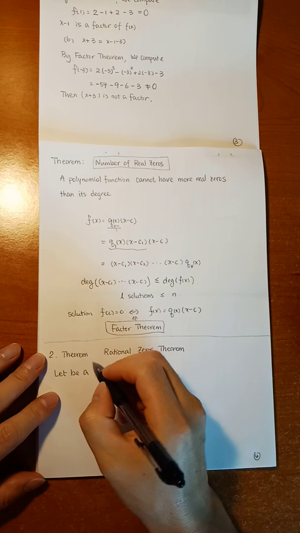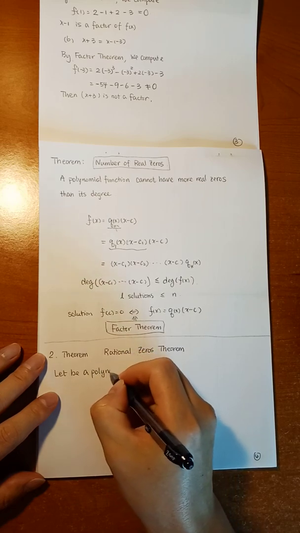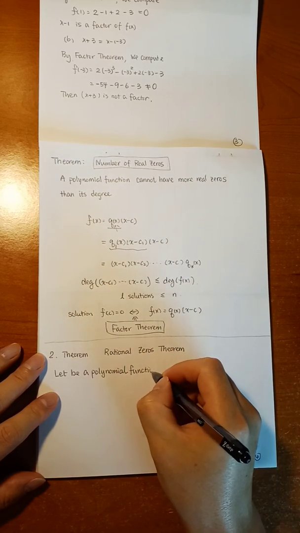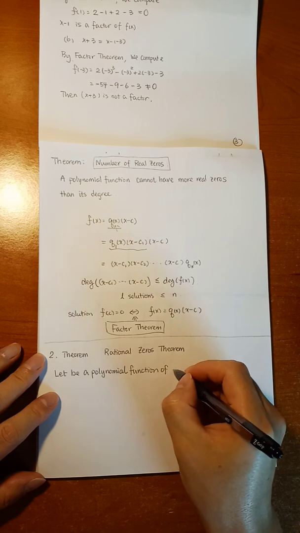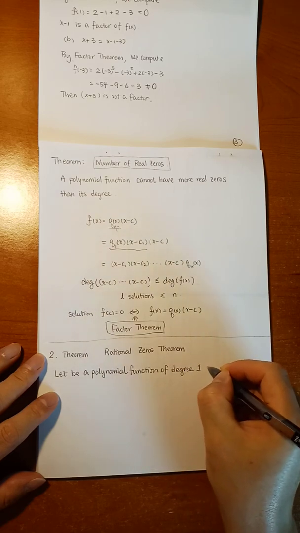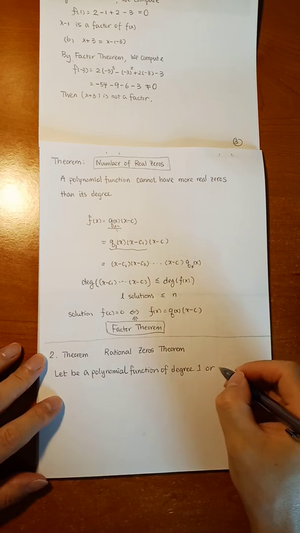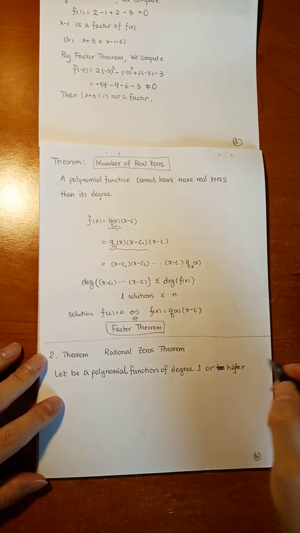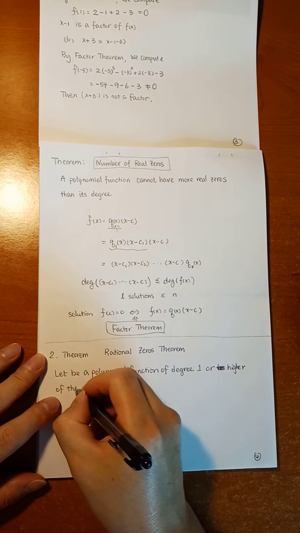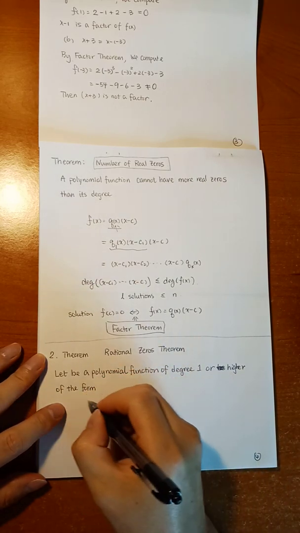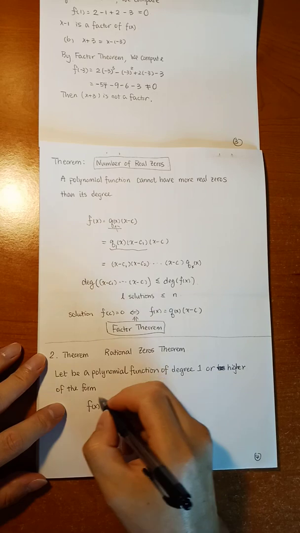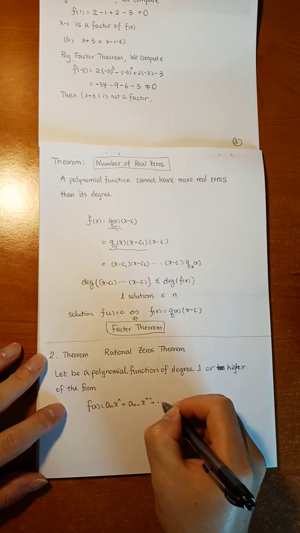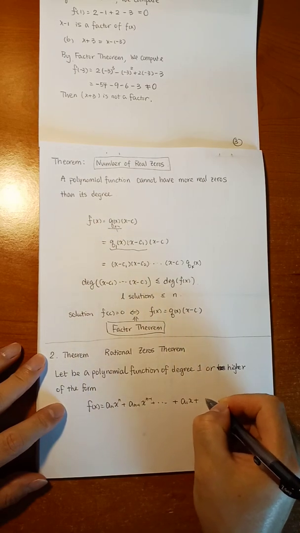Let f be a polynomial function of degree 1 or higher of the form f(x) equals a sub n x to the n plus a sub n minus 1 x to the n minus 1, up to a sub 1 x plus a sub 0.